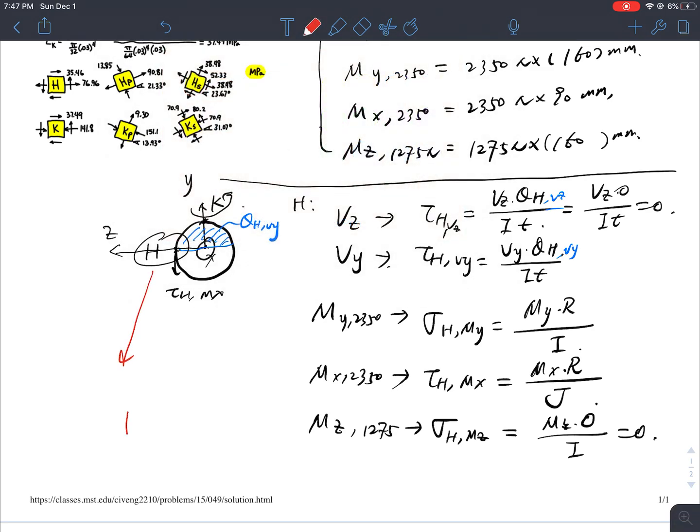So on this point here, I will have a normal stress caused by My. I'll also have a torsion-induced shear stress caused by Mx and a bending-induced shear stress caused by Vy.